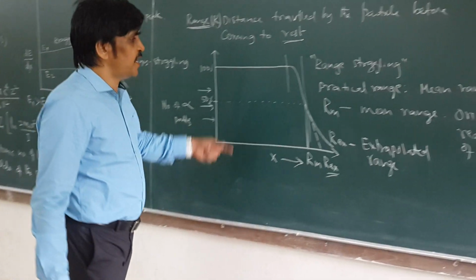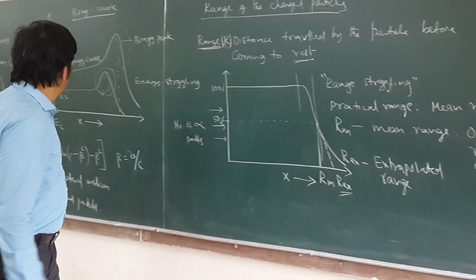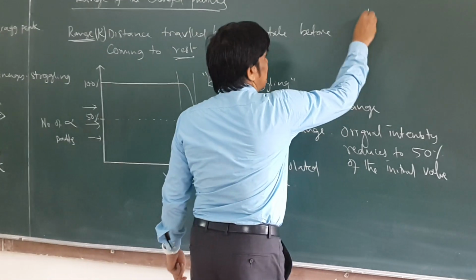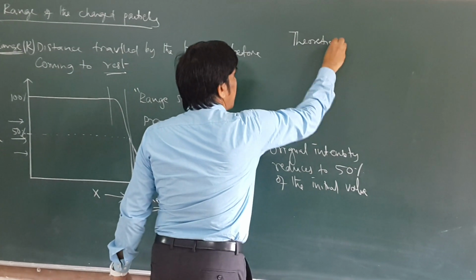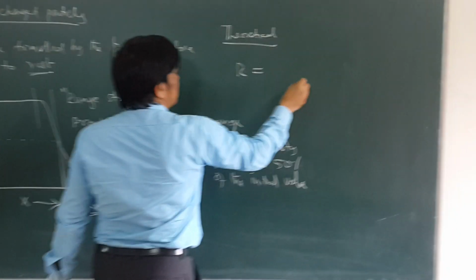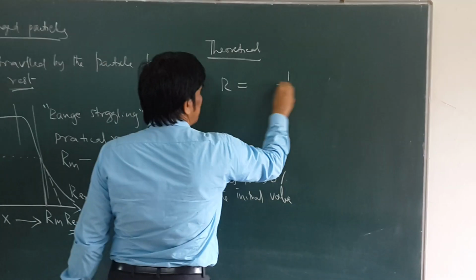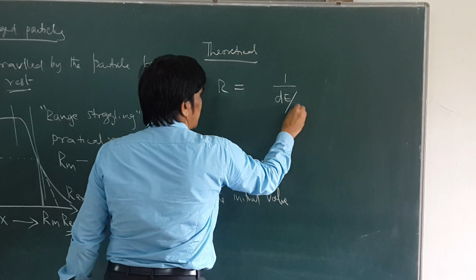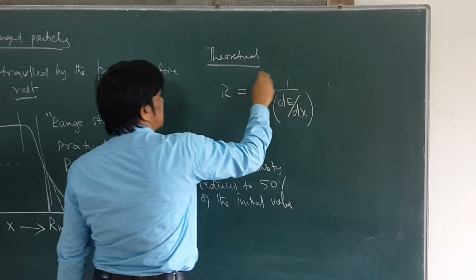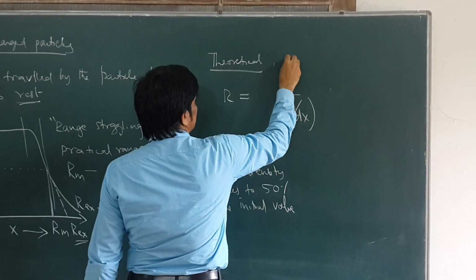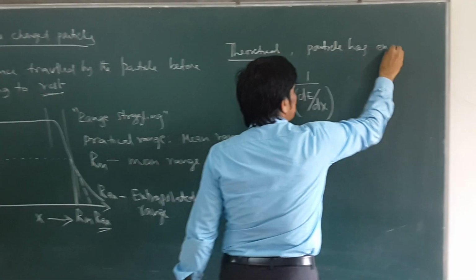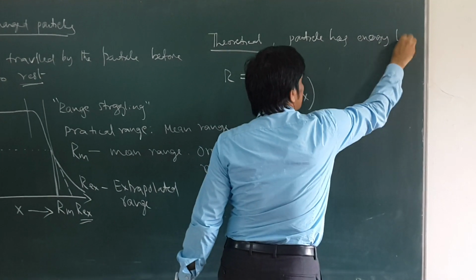You can also evaluate the range theoretically from the specific energy laws. And R is evaluated as 1 by dE by dx. We will evaluate over the entire energy range. Suppose the charged particle has energy E0.